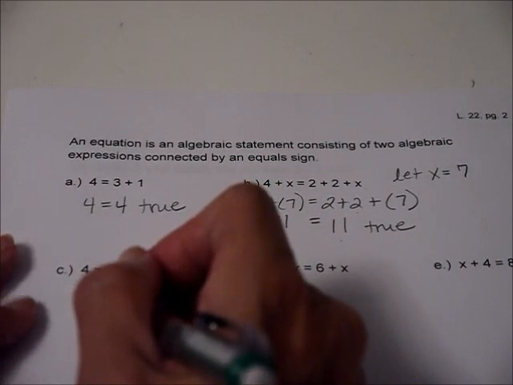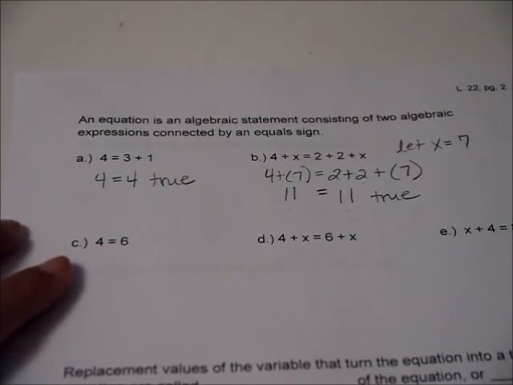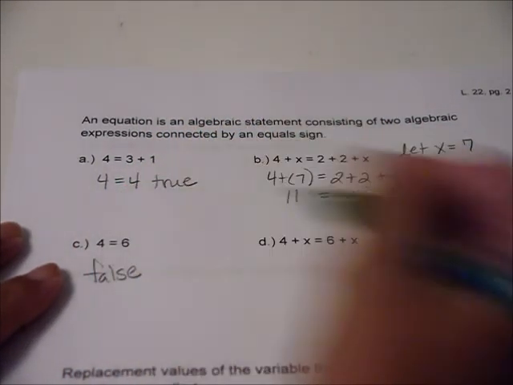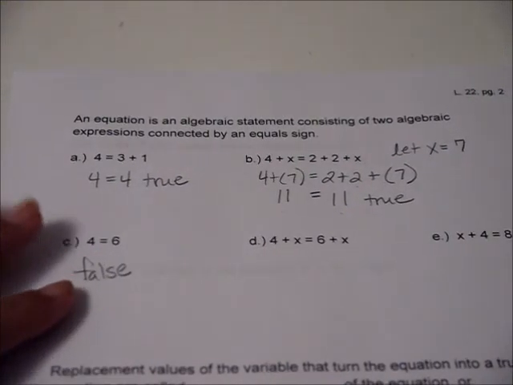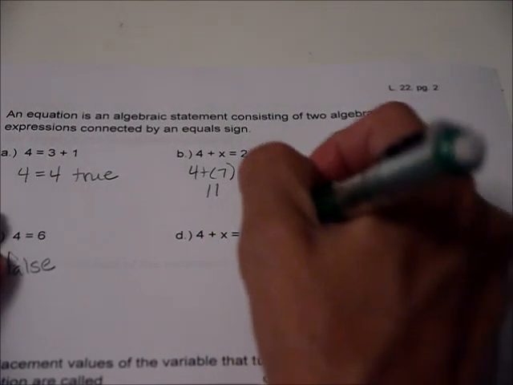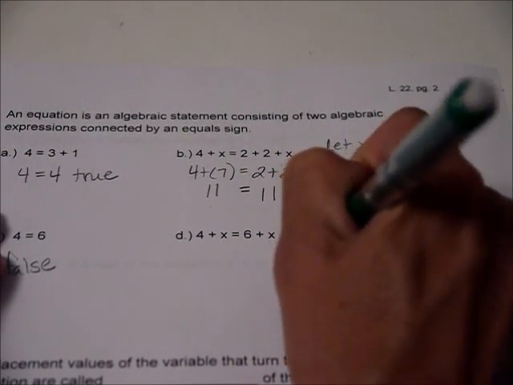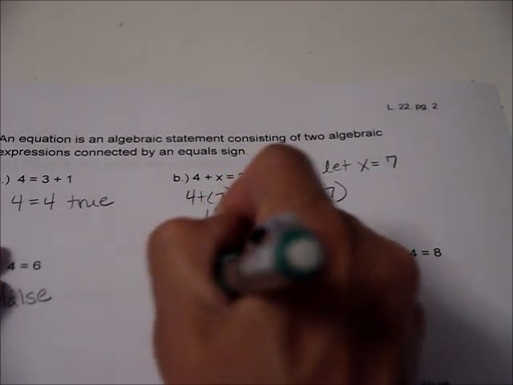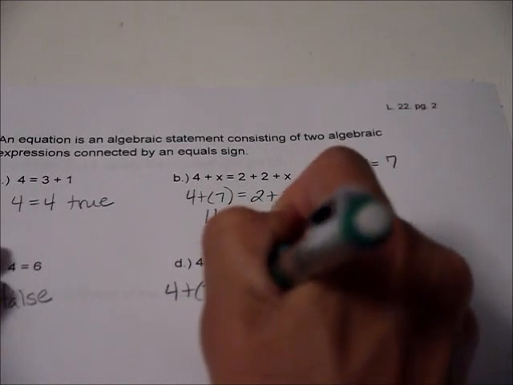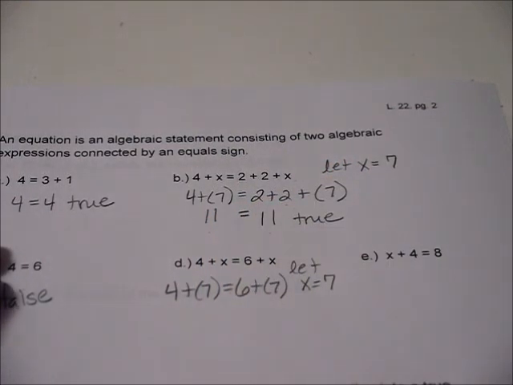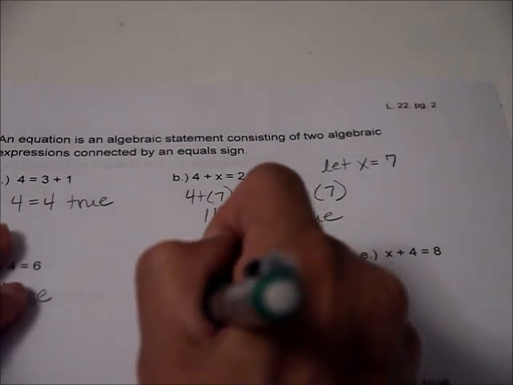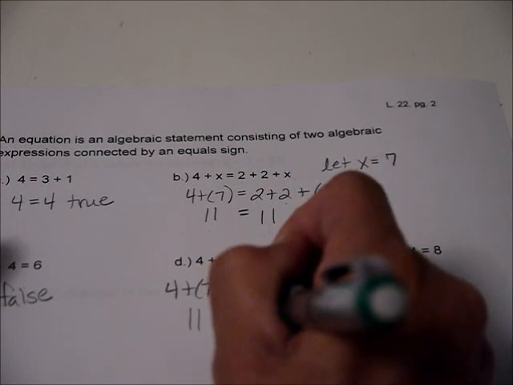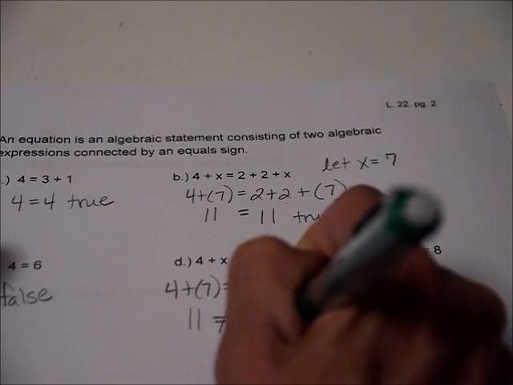This is how we test. All right, this one, letter C, is not true, is it? 4 does not equal 6, so it's false. It's still an equation, but it's a false equation. Okay, let's look at this one. Again, let x equal 7, and we'll test it out. 4 plus 7, and as you can probably guess, this is not true. 11 does not equal 13, so it's false.